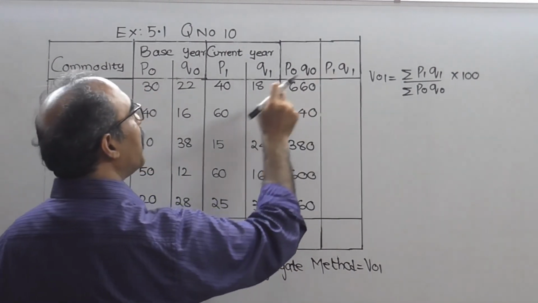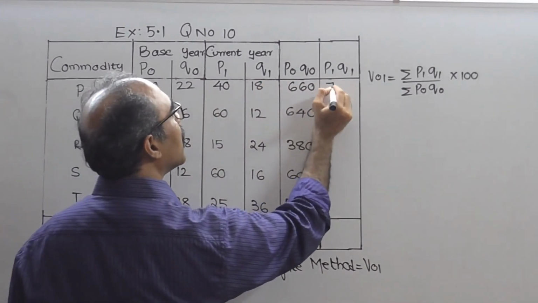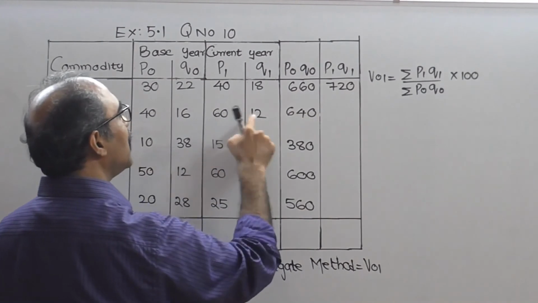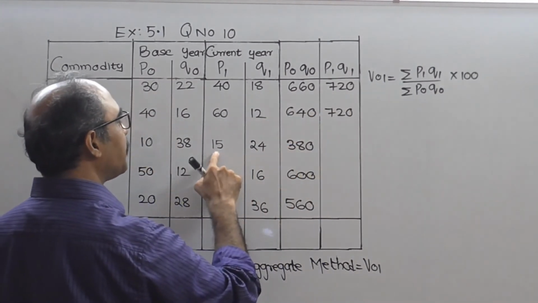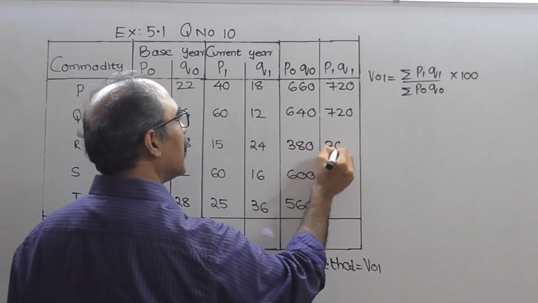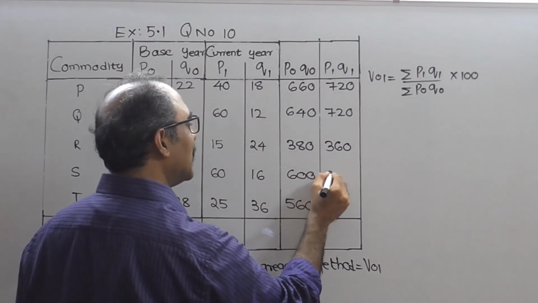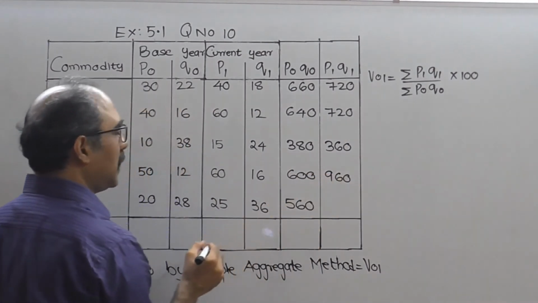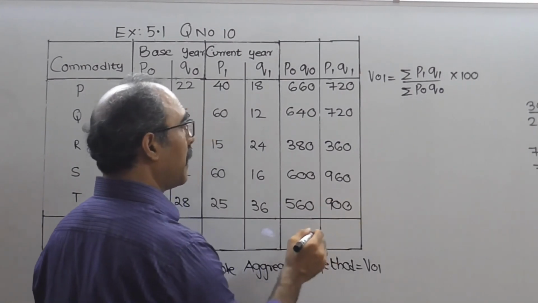Now how will you find P1 Q1? 40 into 18, 720, 60 into 12, once again 720, 24 into 15, 360, 16 into 60, 960, 36 into 25, 900.